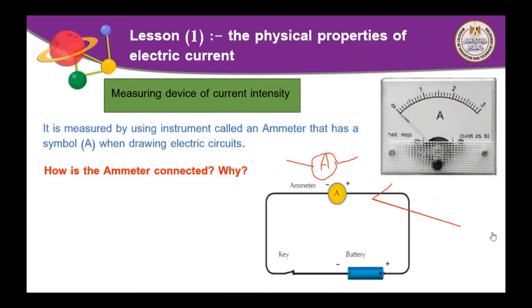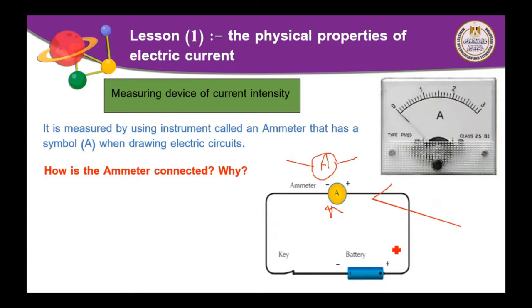Where is the ammeter in the electric circuit? That is the ammeter, which can be represented by circle contains capital letter A, with the wires, battery, all components. Ammeter in this case is used to measure the electric current intensity passing through the two poles of the battery, from the positive pole to the negative pole.